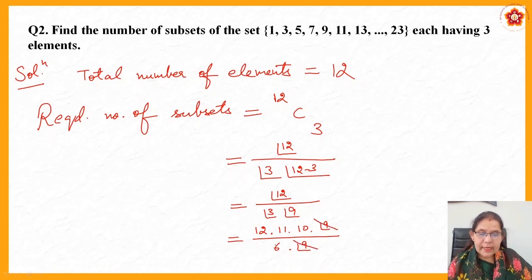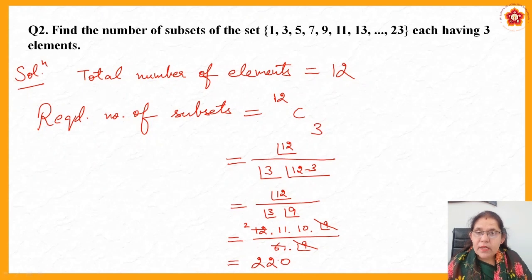Factorial 9 is written as it is. This gets cancelled. 6 2s are 12. And 2 into 11 will be 22. Multiplied by 10 will give us 220. So 220 subsets can be formed from the given set which has got 12 elements.